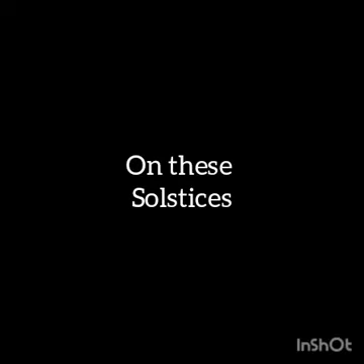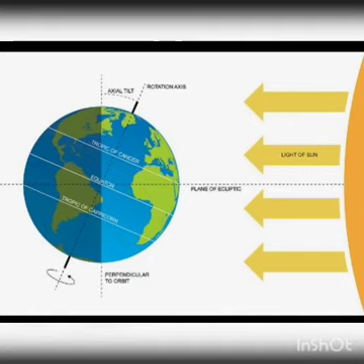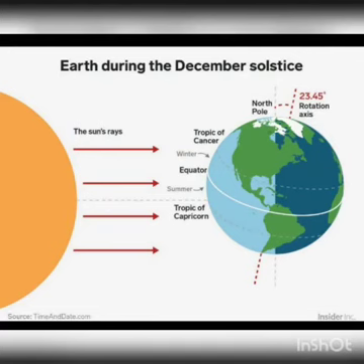On these solstices, the rays of the sun shine directly on one of the two tropics. In summer solstice in the month of June, the rays of the sun shine directly on the Tropic of Cancer, and in winter solstice in the month of December, the sun's rays shine on the Tropic of Capricorn.